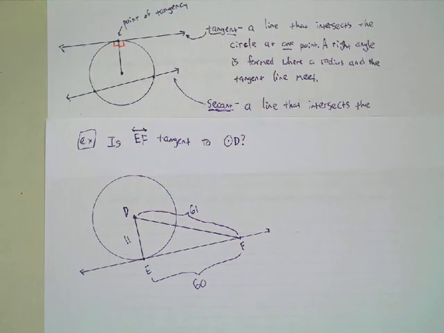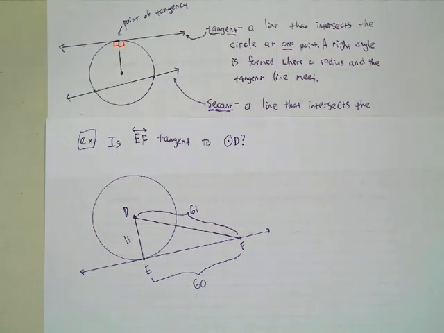So, what could we maybe do here? We've got a tangent line. We've got a radius right here. We don't really have a name for this segment DF. I haven't learned a name for it, and I don't think we will learn a name for it here.